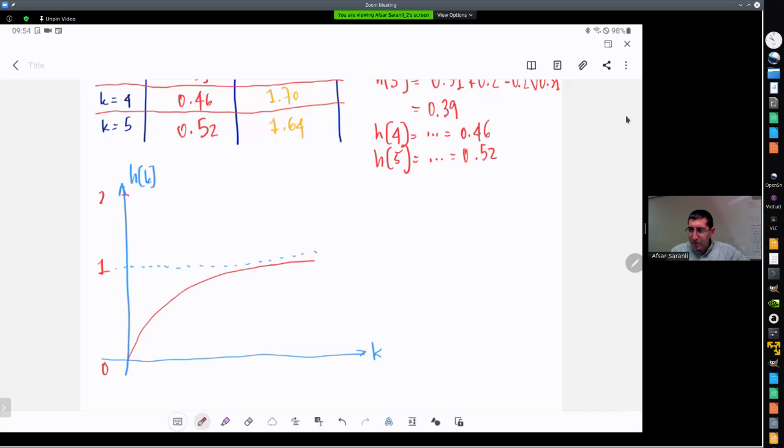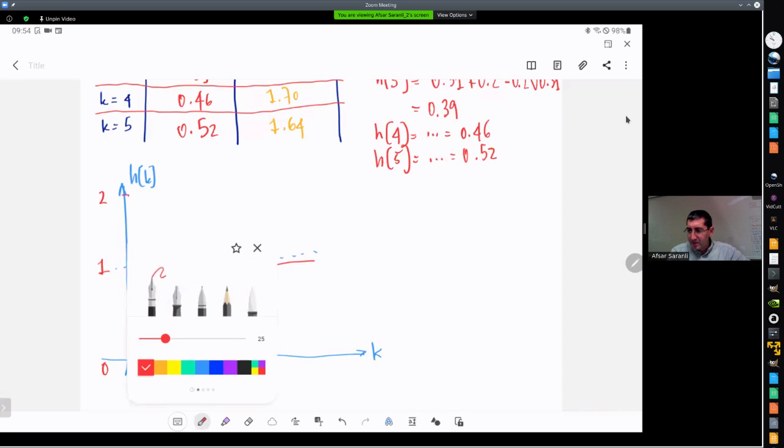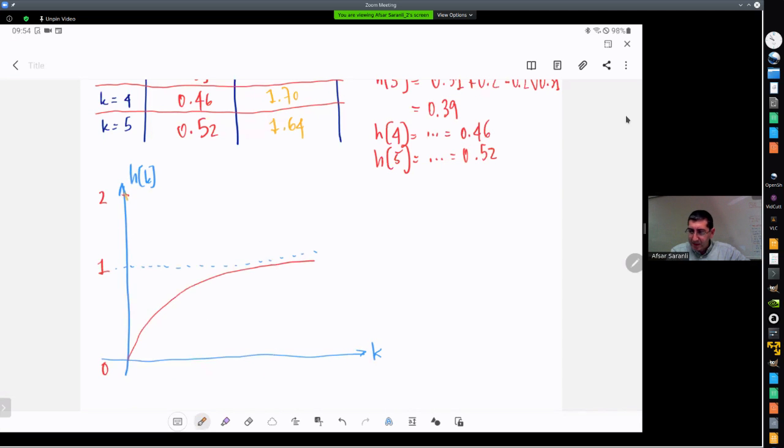And if you start from 2, what's going to happen is that it's going to approach 1 again, in an exponential manner. The limit in both cases is h equal to 1.